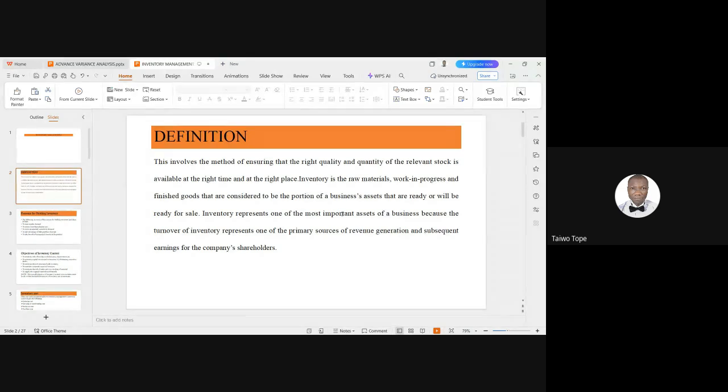So inventory is the raw materials, work in progress, and finished goods that are considered to be the portion of a business asset that are ready or will be ready for sale. Inventory represents one of the most important assets of a business, because the turnover of inventory represents one of the primary sources of revenue generation and subsequent earnings for the company's shareholders. So this is just to corroborate what I've been saying over time.